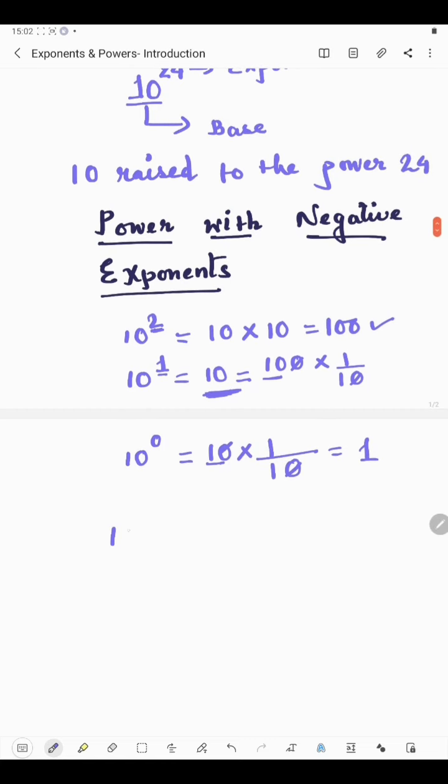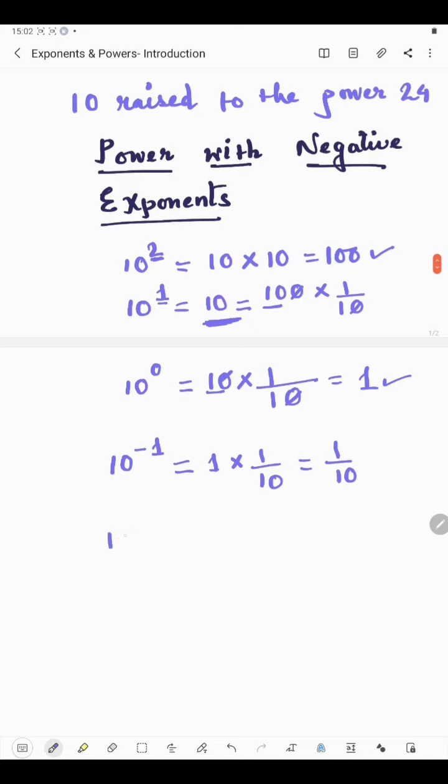Now if the exponent is negative, say -1, then again the exponent decreases by 1, so the value becomes 1/10 of the previous value. This time the previous value was 1, so 1 into 1 by 10 will be 1 by 10, right? Now when you have to find 10 to the power -2, again it decreases by 1, so the value becomes 1/10 of the previous value.